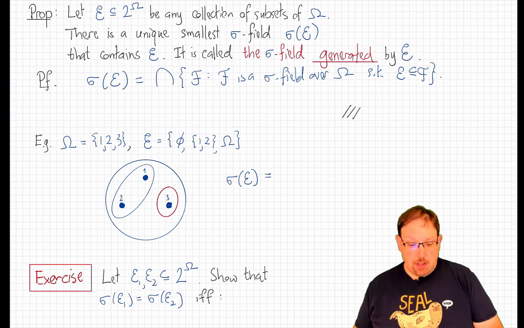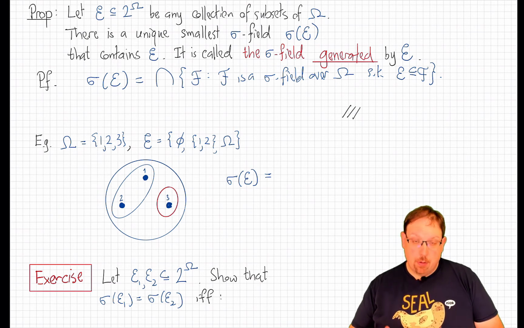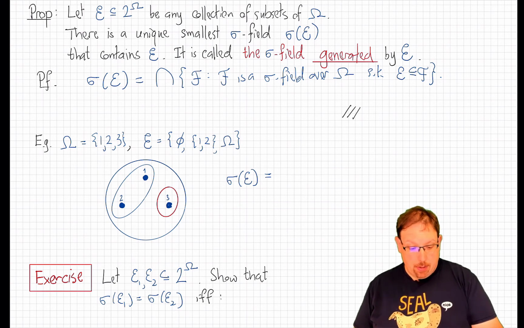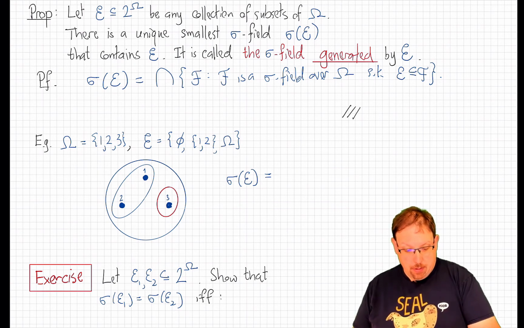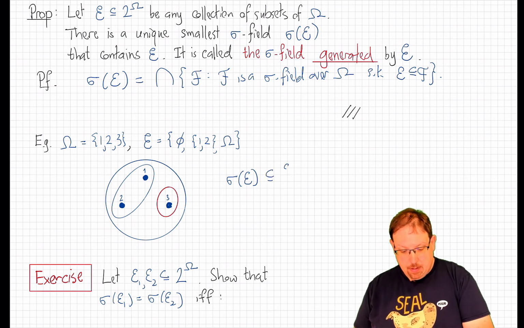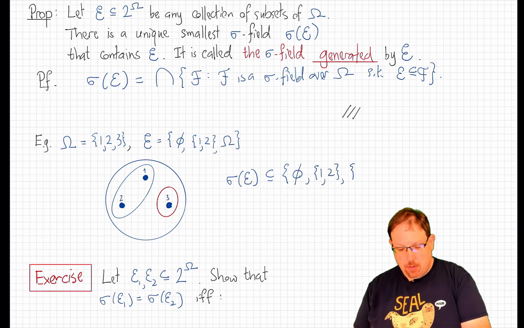So for starters, if we're going to be a field, or sigma field, that contains E, we've got to include that singleton set 3. So let's start there. For sure, the sigma field generated by E will have to be contained in the 4-element set: empty set, {1, 2}, singleton {3}, and omega.